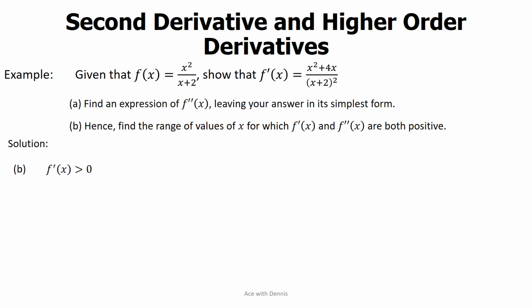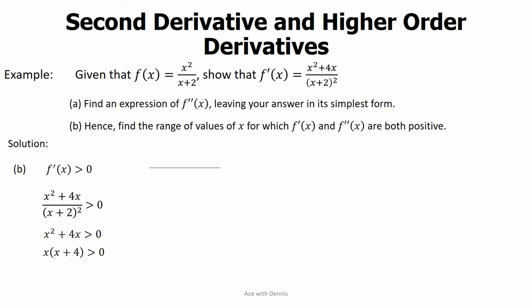Here is the solution for C. So we want f prime x and f double prime x to be both positive. Therefore, f prime x is greater than 0, which means x squared plus 4x over (x plus 2) squared is greater than 0, or x squared plus 4x is greater than 0. We factorize, we get x times (x plus 4) greater than 0. Now from here, we can solve the quadratic inequality.